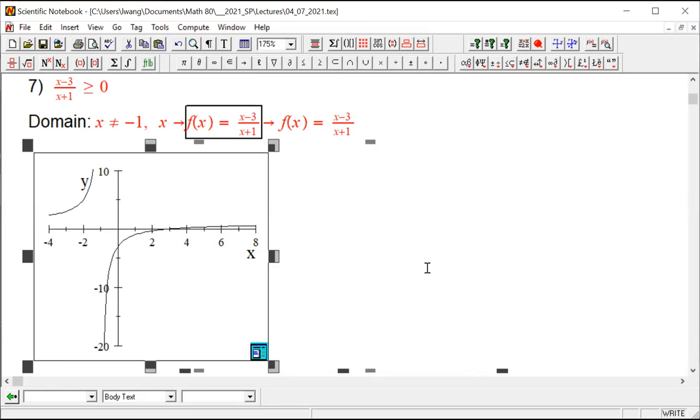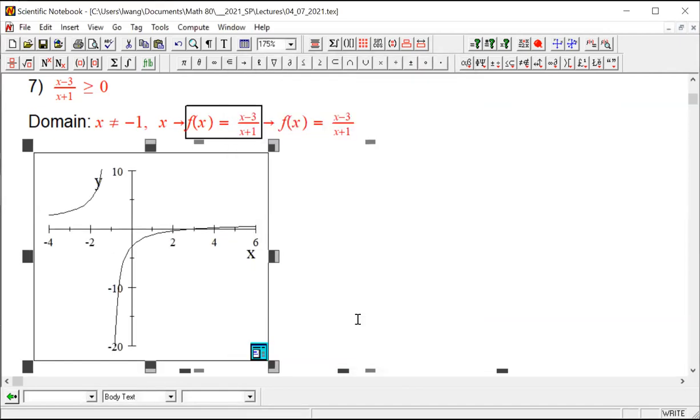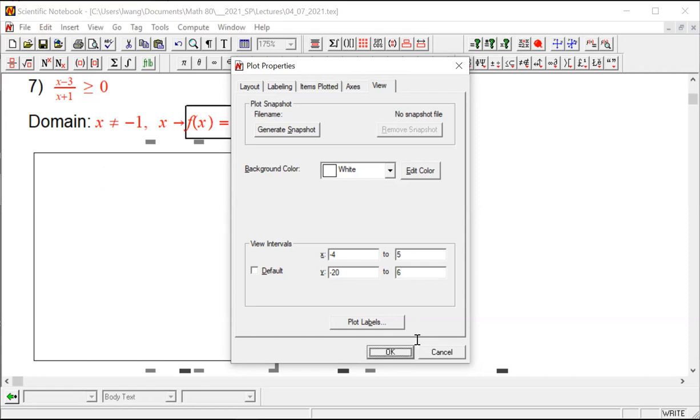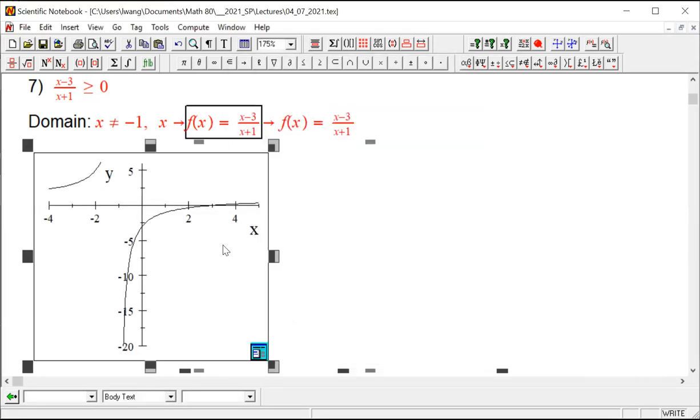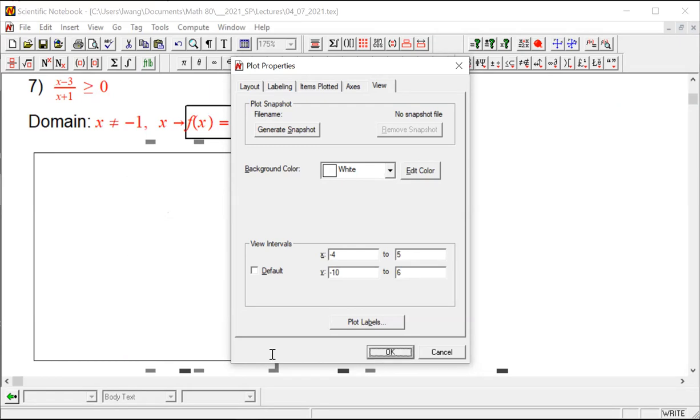So maybe I put 6. No, this is still 5. I'm gonna make it 6 here. Okay, suppose this is a decent picture.